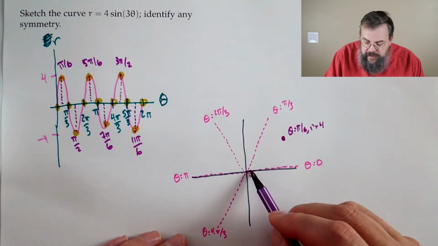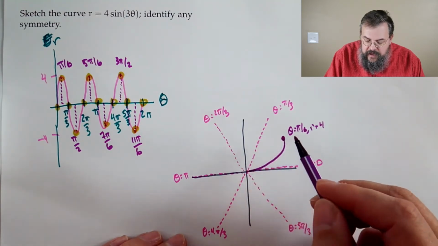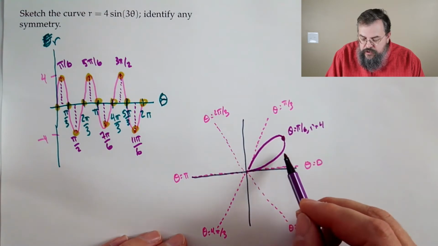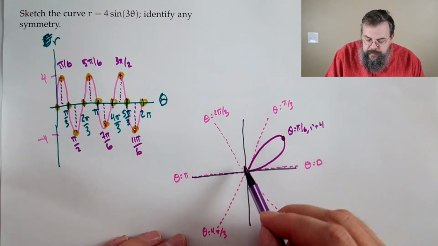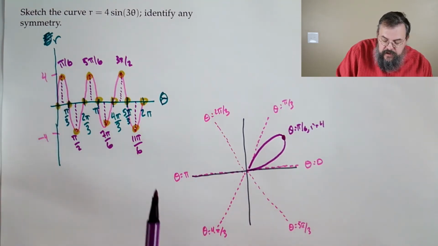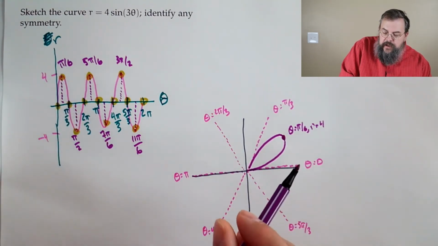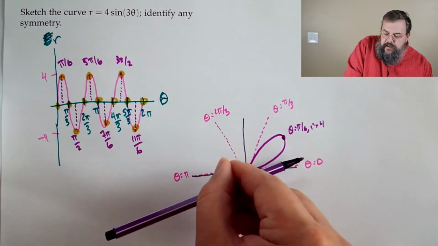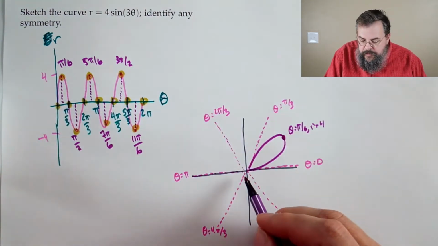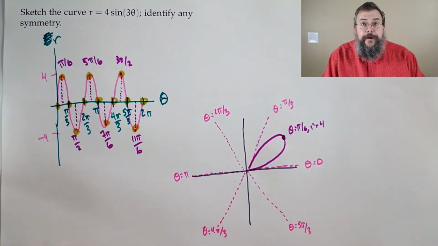So we're going to come out, and then we're going to come back in. So you're coming out, farthest point, come back in. So as we scan here from 0 to pi over 3, and translate that into this piece, we see, aha, this up and down becomes sort of a leaf right there.